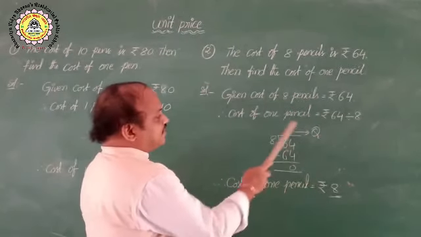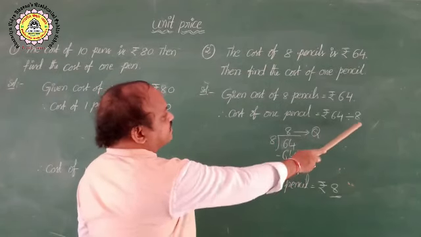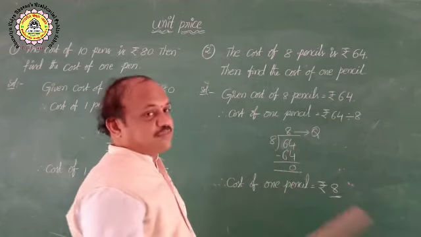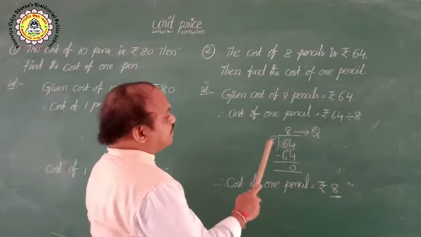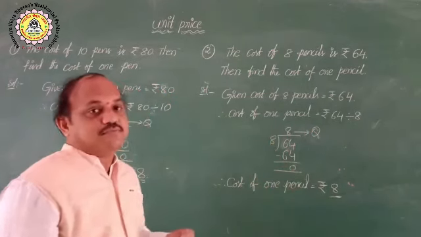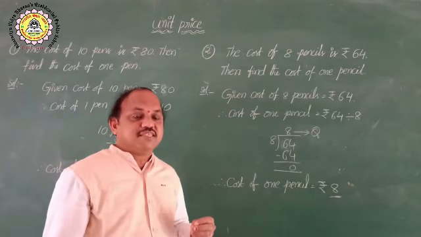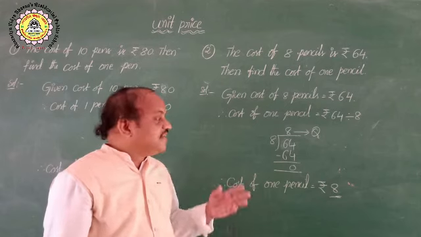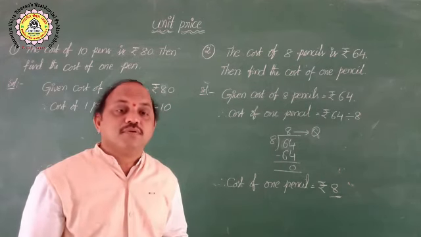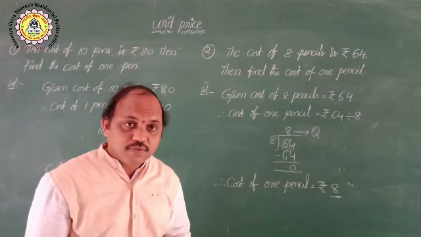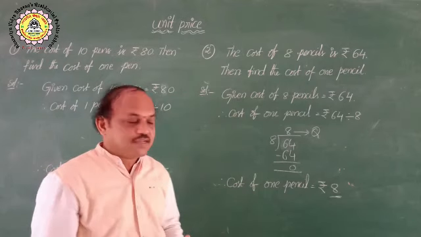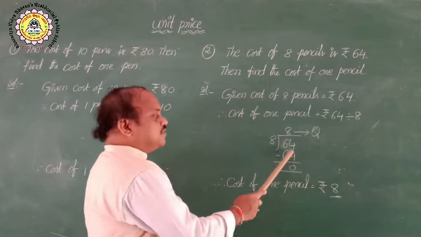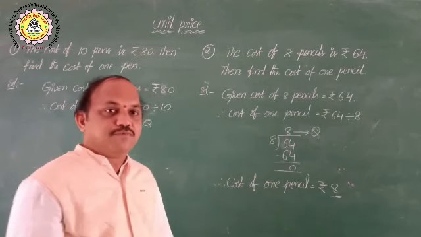Now I completed the calculation part. 8 divides 64. 64 divided by 8 means what? See, the 8th table is a single digit table which is very easy. 8 how many are 64? 8 8s are 64. That one I wrote here. Here also these two numbers are the same, 64 and 64.